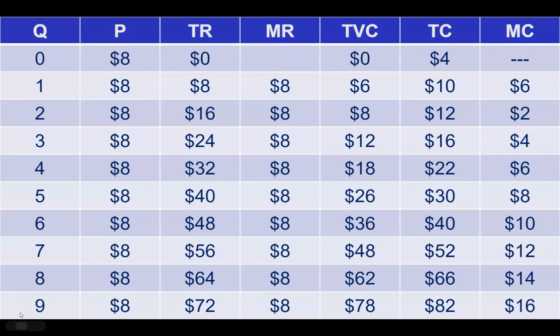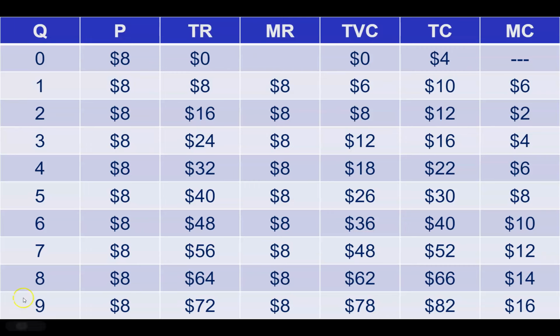We can also identify the optimal output by using our optimal output rule, that rule in economics, which says the optimal output, the profit maximizing point, is the point at which the marginal revenue equals the marginal cost. So in this case, marginal revenue always being $8, I look for the marginal cost to see where it equals $8, and that will be our profit maximizing point.